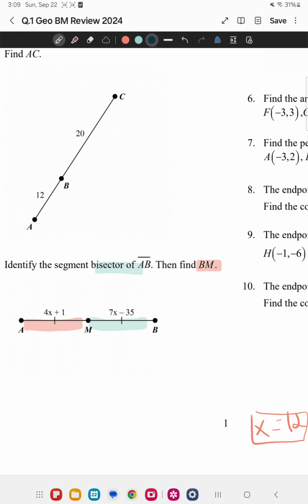So we're going to go ahead and put 12 in for the x in 7x minus 35. So we're going to do 7 times 12 minus 35, which is going to equal 49. So that is number 3.